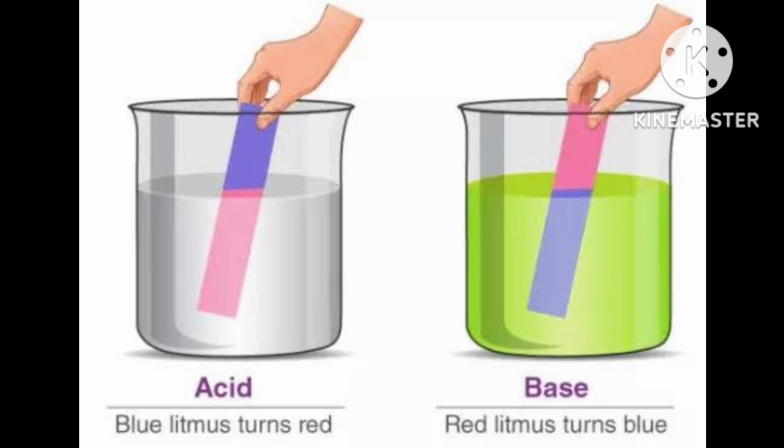These are the two limitations: the concept holds good only in water, and it does not tell why substances like ammonia are bases though they do not possess a hydroxyl group. So this is what I have told about the Arrhenius concept of acids and bases.